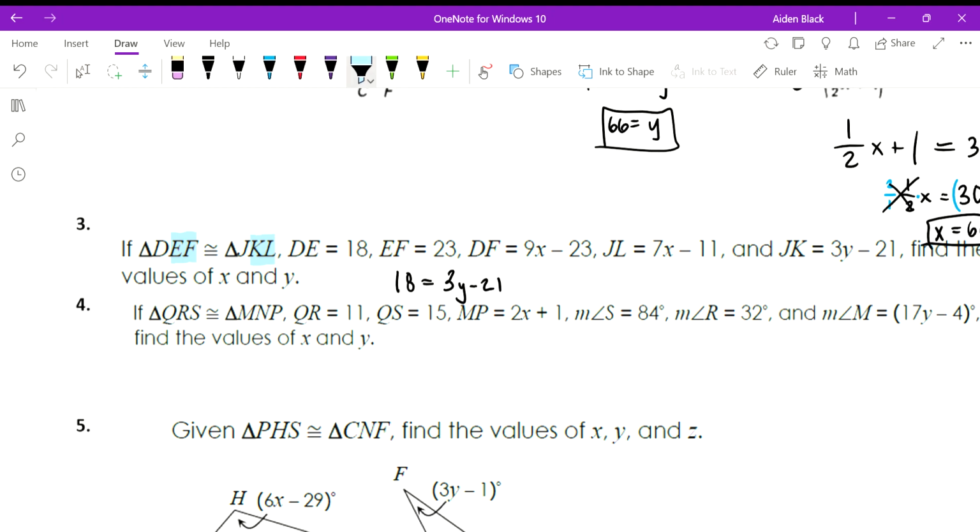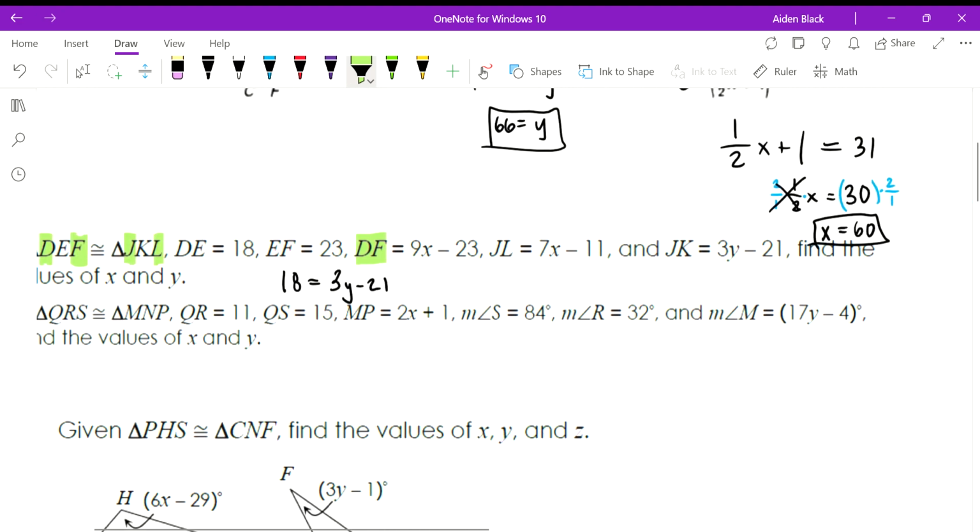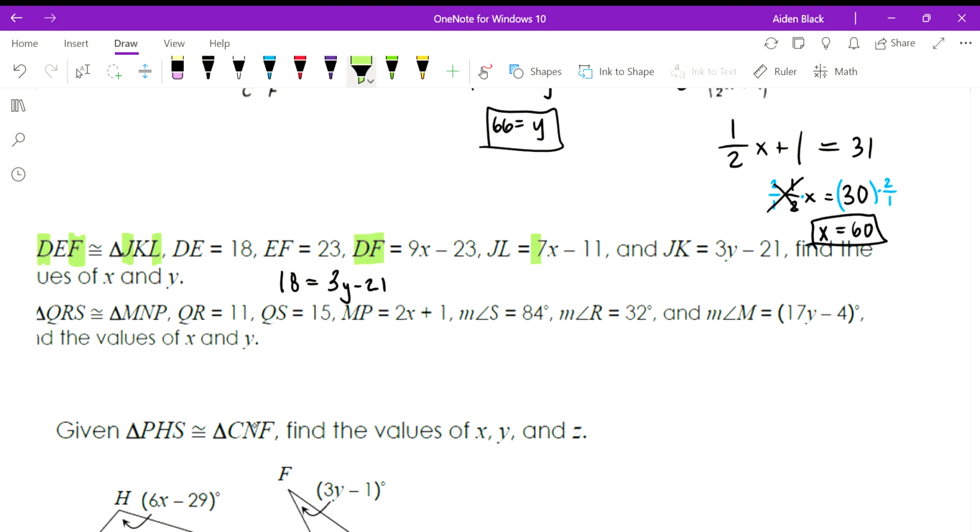Let's check out DF. DF is the first and last letter of the first triangle, so I'm going to look at the first and last letter of the second triangle. I'm looking for JL. Oh, here we go. Here's JL. So since DF and JL are exactly the same, we know that 9x minus 23 is equal to 7x minus 11.